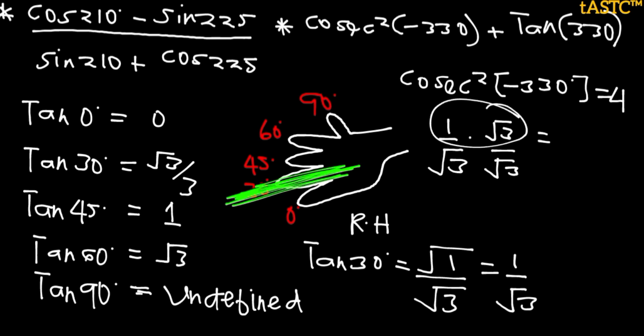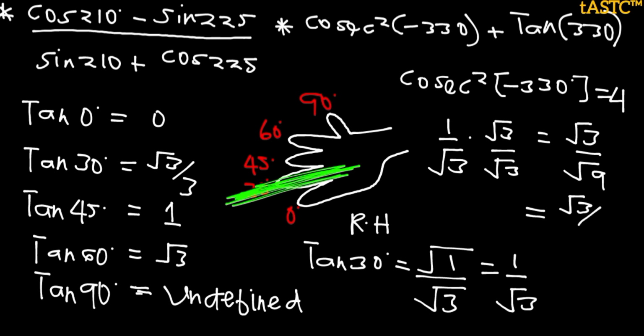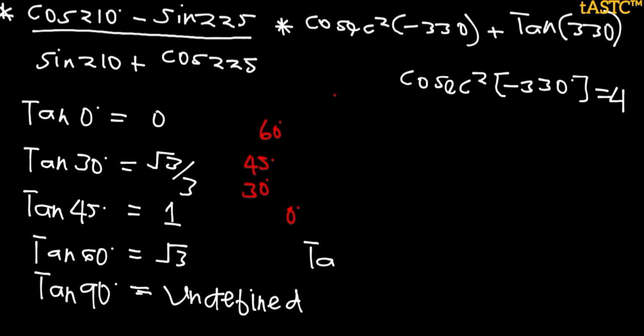Now this multiplied by this is going to give us root 3. And if you have root 3 multiplied by root 3, that will be root 9. Now root 9 is the same thing as the square root of 9, which is 3. So the answer is going to be root 3 divided by 3, which is exactly what you see here. So that is basically where it came from. So hopefully by now you know these angles and how to find them with your hands.